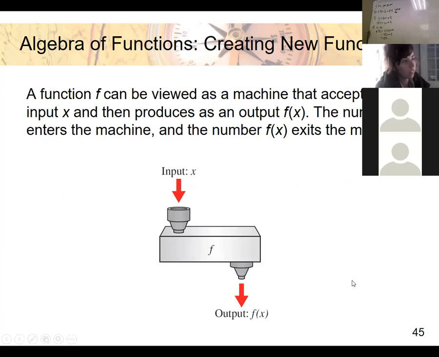A function can be viewed as a machine that accepts an input called x and then produces an output f of x. The number x enters the machine, and the number f of x exits the machine. So here's the input, and this part represents the output.